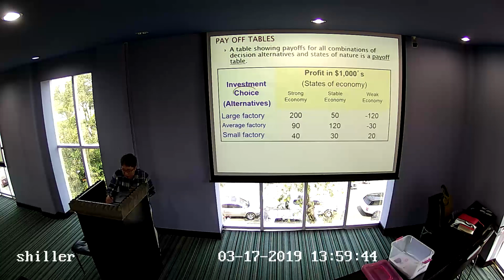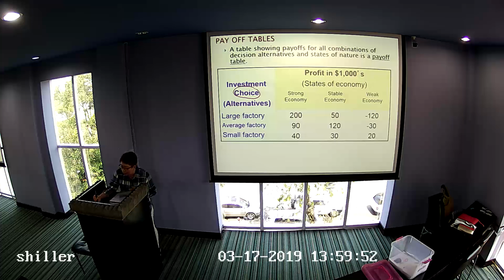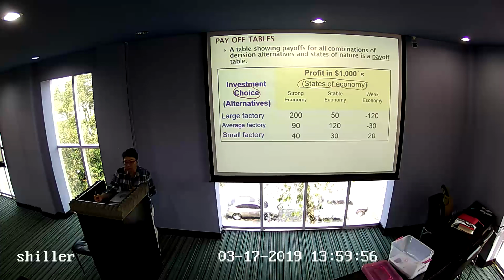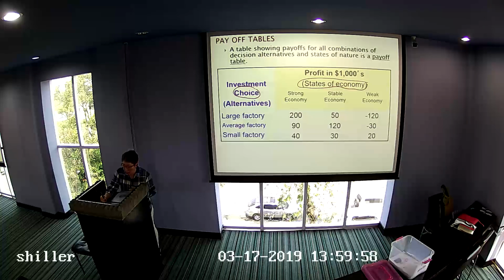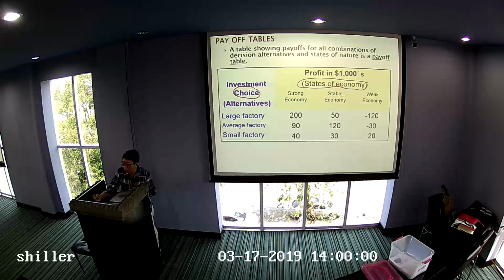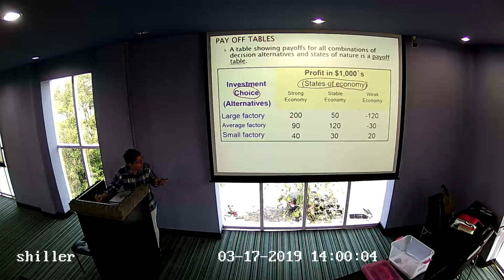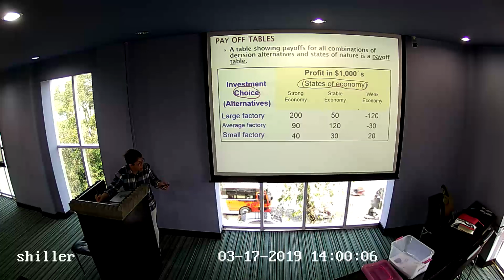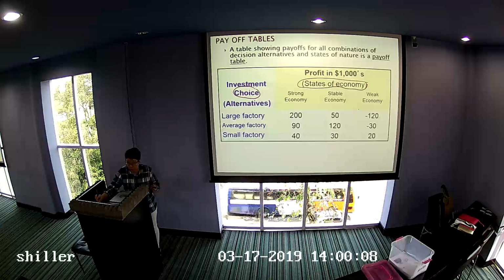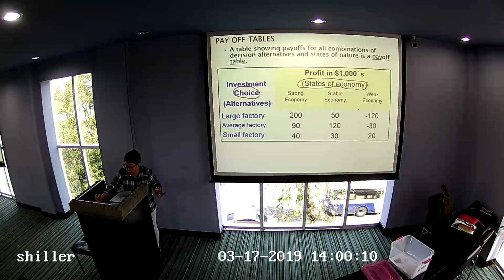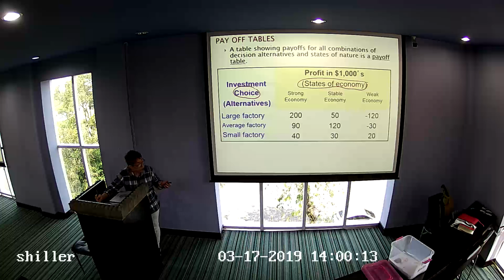So these are my choices. But the choice I will make depends on a scenario, and it depends on the state of the economy. You understand? Strong economy, stable economy, or weak economy. And in each situation, it gives me the probable profit I will make, or loss. Okay? Profit or loss I will make.